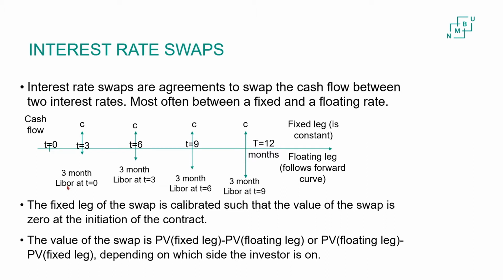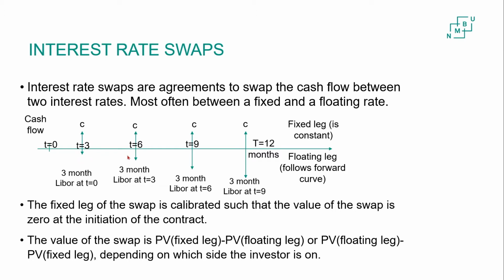So it might be, for example, the LIBOR, okay, the 3-month LIBOR. And the 3-month LIBOR set at t equals 0 is paid at t equals 3.